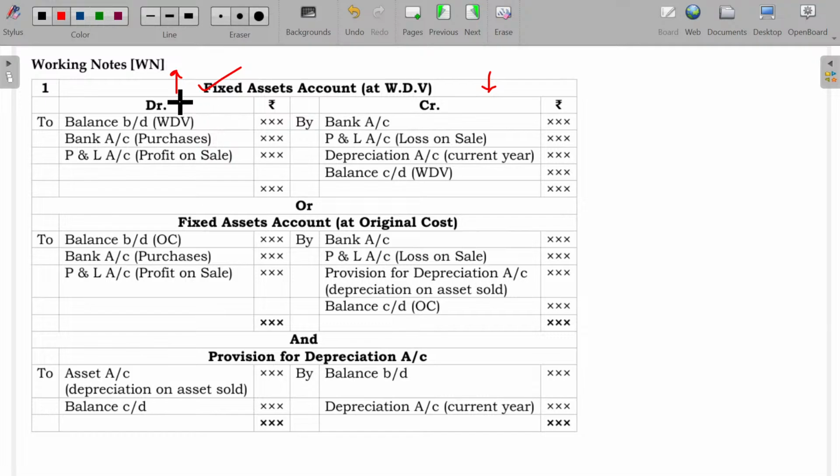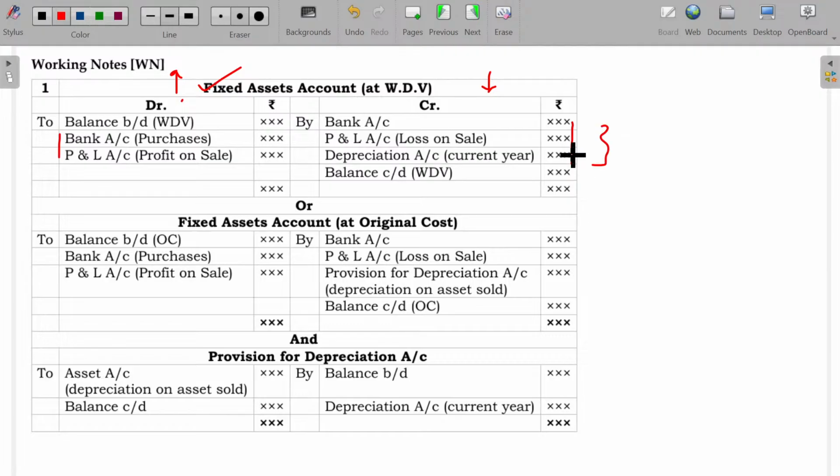Similarly, if the asset value increases, it should be debited. If the asset value decreases, it should be credited. With the opening balance, add the amount for purchases and profit on sale. These are the items increasing the value of the assets. Sales, loss on sale as well as depreciation will reduce the value of the assets. That's a simple asset account.